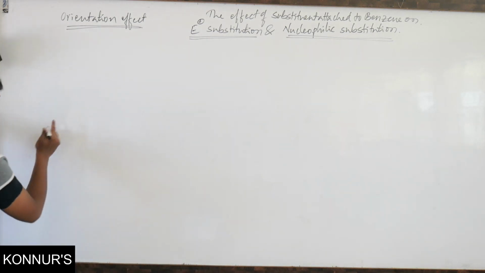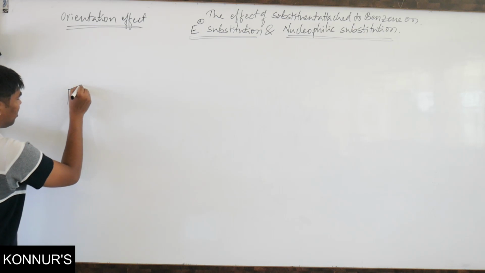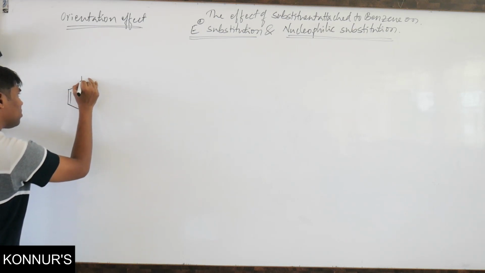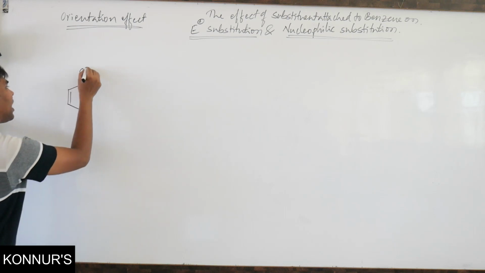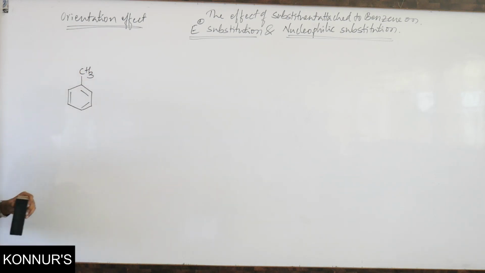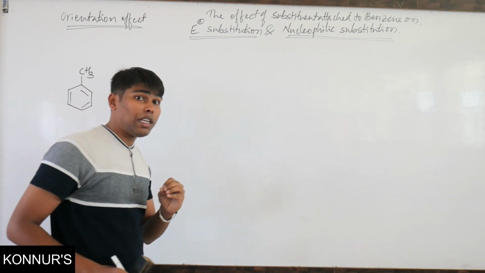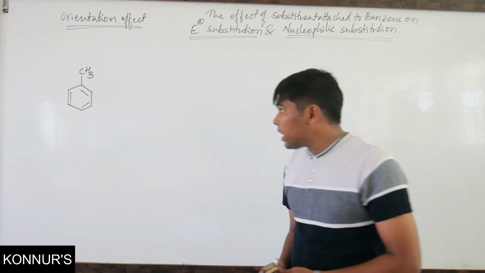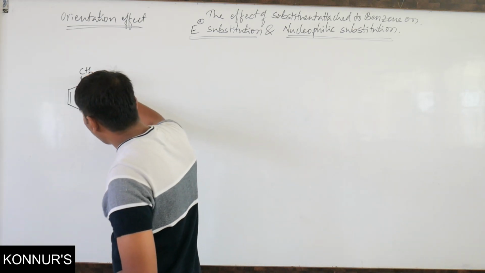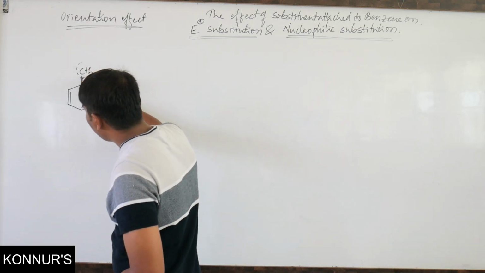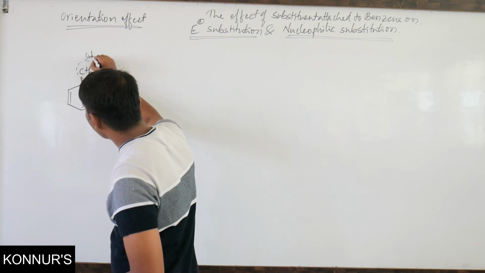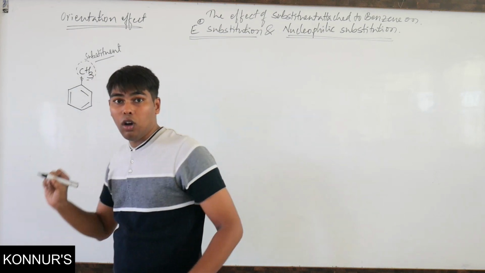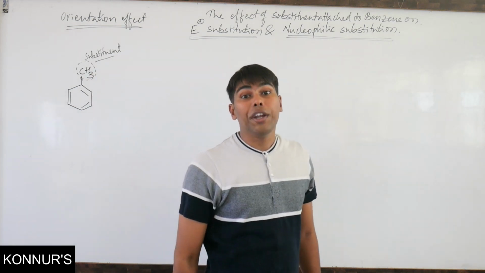Here we will have one benzene attached to, let us suppose, an alkyl group. We know that alkyl groups are always electron donating in nature. They donate electrons towards the benzene ring, and this is now a substituent. We need to know about its orientation effect.